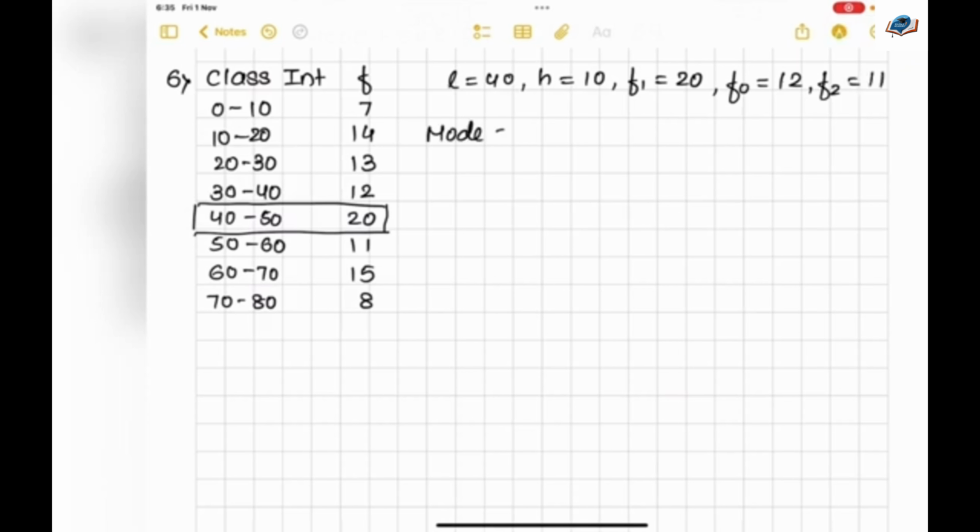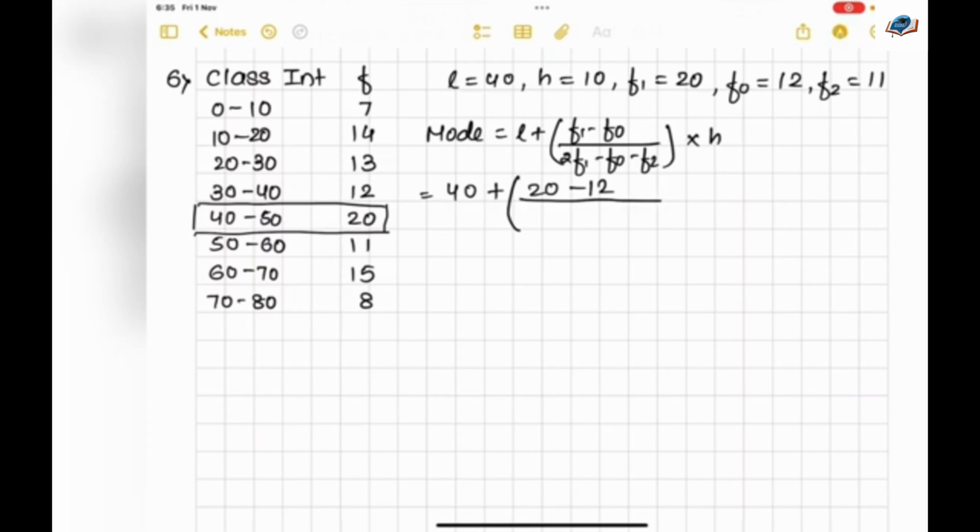So, mode equal to L plus (F1 minus F0) upon (2 F1 minus F0 minus F2) into H. So that is 40 plus (20 minus 12) upon (2 into 20 minus 12 minus 11) into 10.